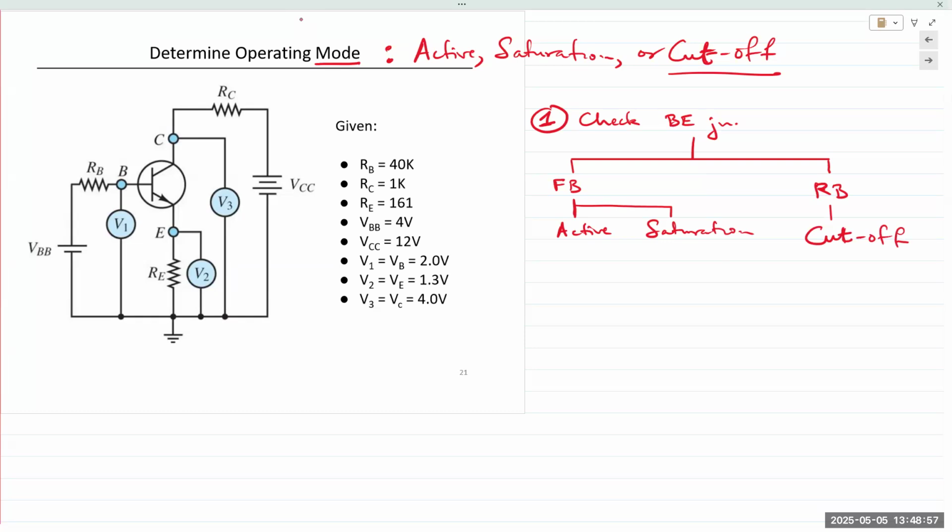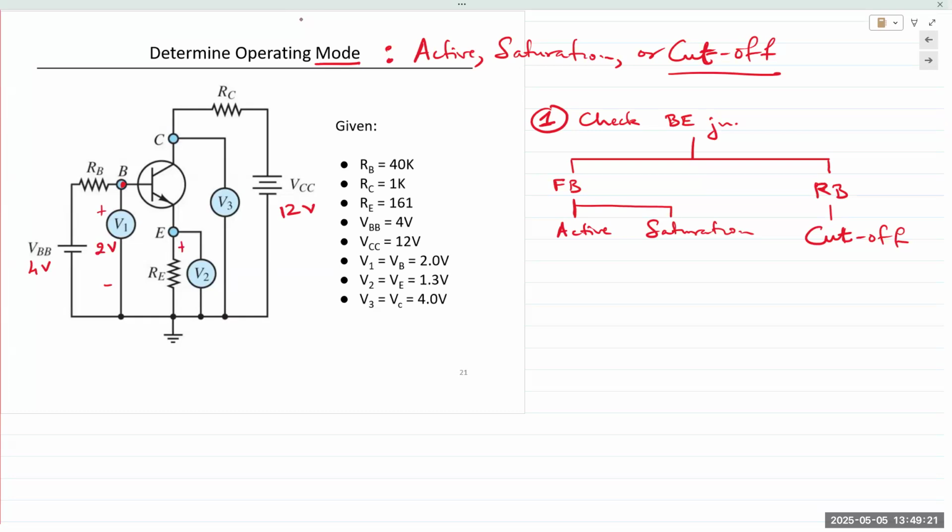Okay. So in this case, there's no analysis that needs to be done because the voltages are already given to us. This is the first example. VCC is 12 volts. VBB is 4 volts. V1, meaning voltage at the base, is given to us as 2 volts.